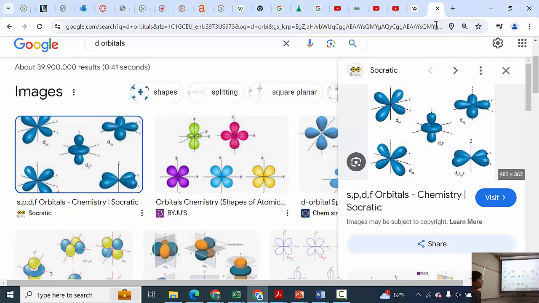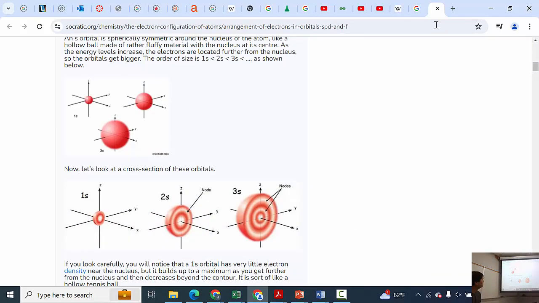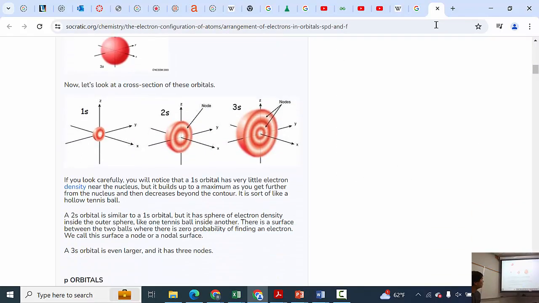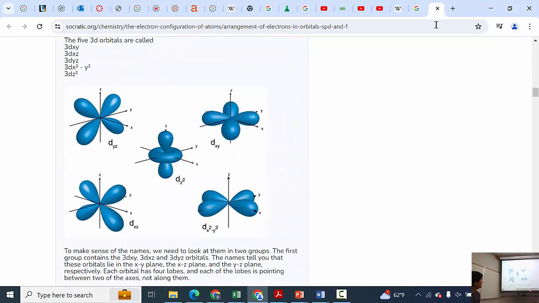And so they're defined by the planes. Here's the 1s, 2s, 3s. Here are the p's. Here are the d's. This is in the YZ plane. This is in the XY plane.